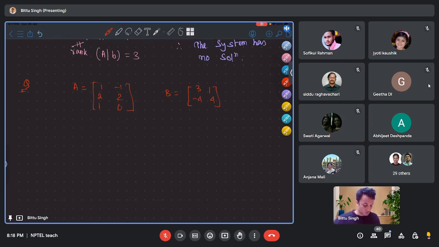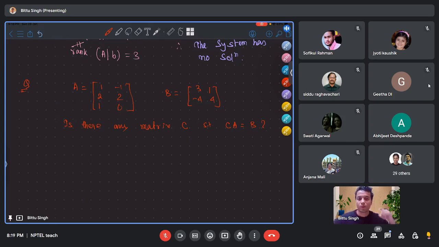The question is, is there any matrix C such that C times A is the same as B? So you need to find if there exists some matrix C, and you need to find that matrix.